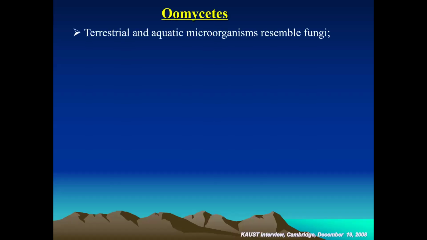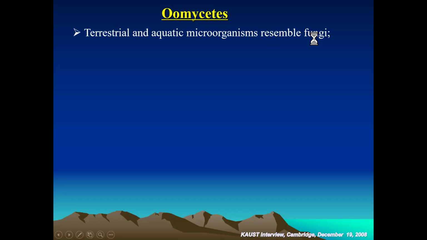So I shall now share one of the brightest examples of cell motility that I studied a lot when I was in Japan as well as in Germany. I worked on oomycetes. Oomycetes are terrestrial and aquatic microorganisms that resemble fungi.